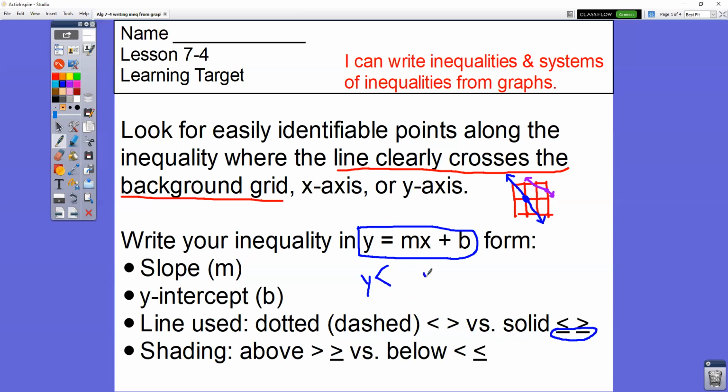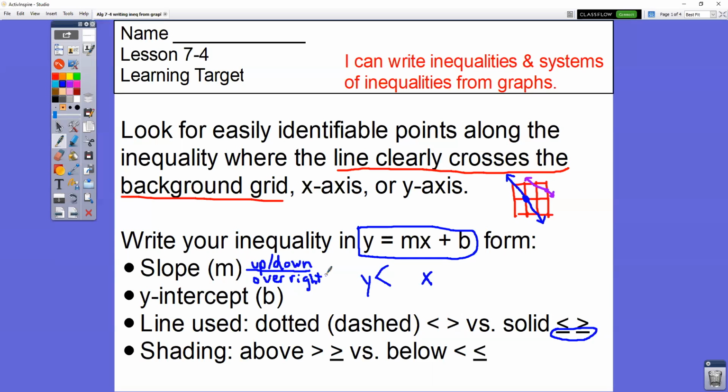Now you're always going to have this x here, and our slope, our m, goes in front of it. Now remember, slope is always written as a fraction. The slope is going from point to point. How many you go up or down is the top number in our slope. And then the bottom number is how many you go over to the right. You always go over to the right.